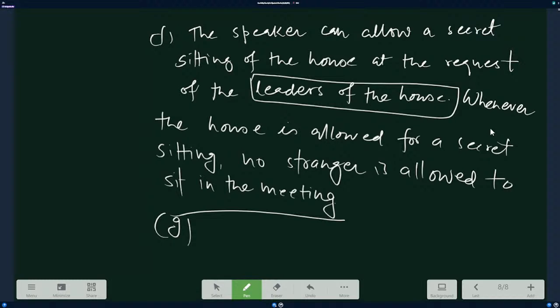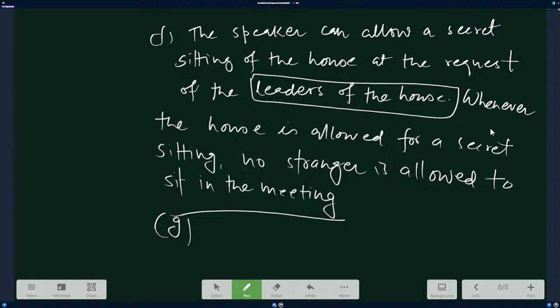Otherwise there is no secret, because democracy is all about openness, accountability, transparency. But such a meeting is held only when there is an emergency kind of situation, when we don't need to disclose any information to the media. Okay? G: The Speaker decides whether a particular bill is a money bill or not.